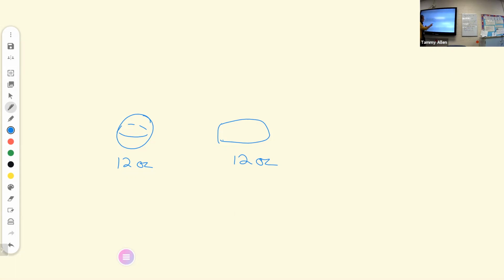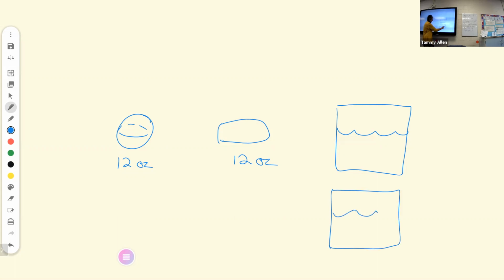No. If we had a big tub that had water in it, and we had another tub, same size, that had the same amount of water in it, and we put the ball of dough in one, or the loaf of dough in the other, would the water rise up to the same amount? Yes, because I put the same amount of matter in it, right? Does that make sense?